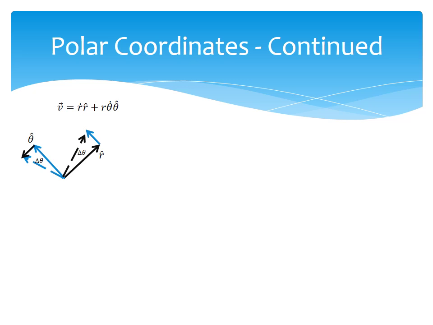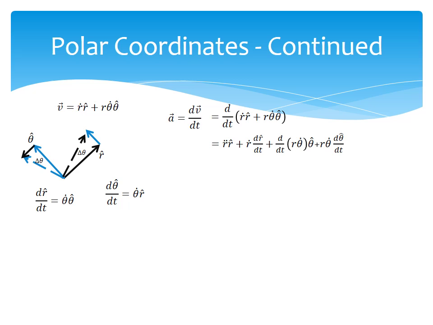I figure out how to find the change in the unit vectors, the change in r hat with respect to time, and the change in theta hat with respect to time, because I'm going to have to find the acceleration, and the acceleration is the derivative of the velocity with respect to time. And so to do that, I have to take this derivative and then apply this massive chain rule.